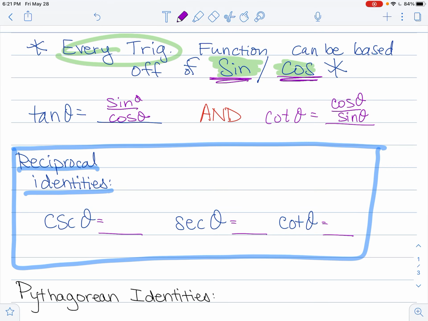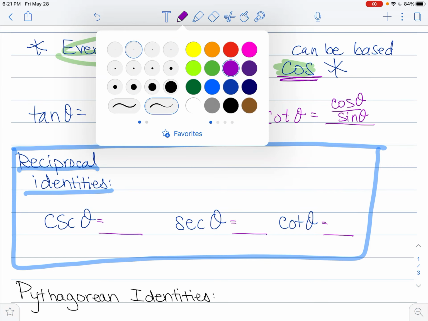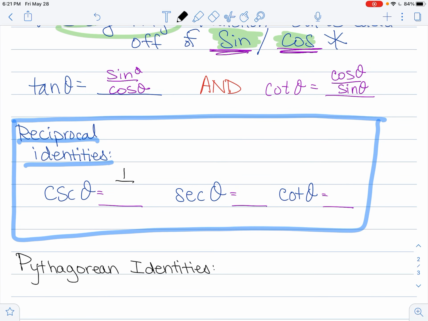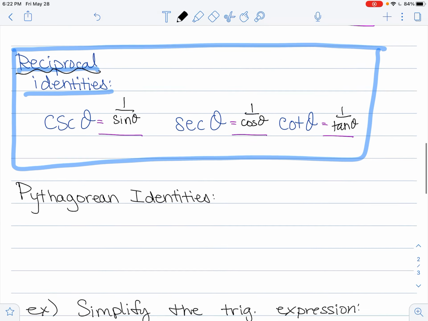We also see that in reciprocal identities. We know cosecant is 1 over sine, secant is 1 over cosine, and cotangent is 1 over tangent. These are called the reciprocal identities.